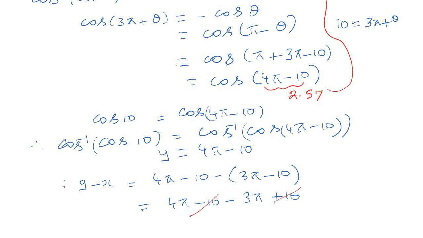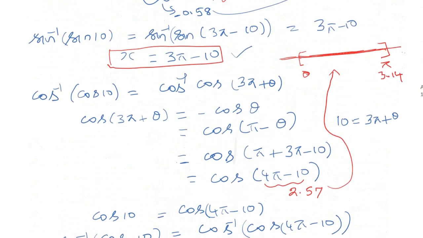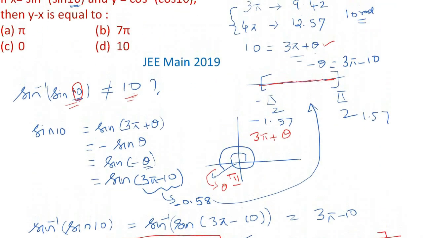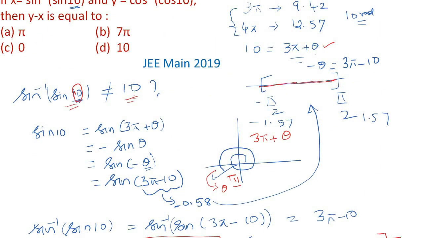We have y minus x is equal to 4 pi minus 3 pi, which is pi. Therefore, y minus x is equal to pi. So going to the question, we have the answer as option A. Option A. Thank you.